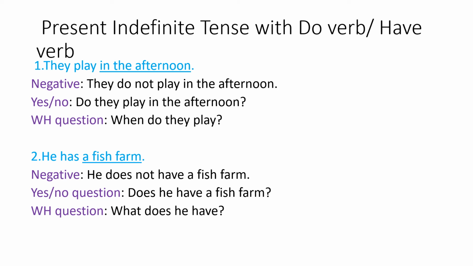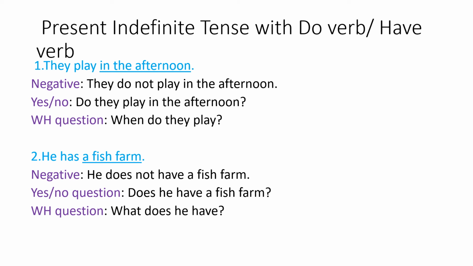Okay, students, first the W's word, then auxiliary verb, then subject. And as you have underlined a fish farm, you cannot use this word in the W's question, because you are making the W's question just on this underlined word. So you cannot write a fish farm in the W's question. What does he have?